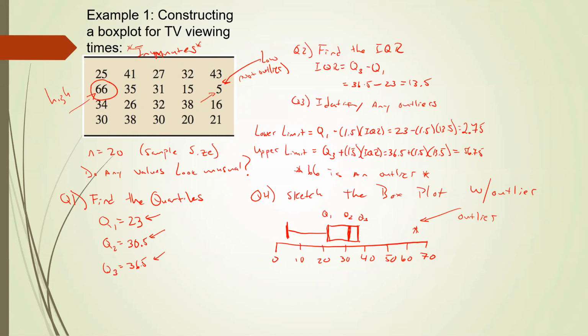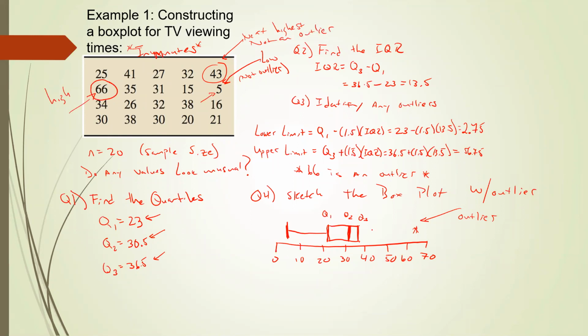Then what you do is you look back in the data set and you say, what was the next highest value that is not an outlier? Is 43 the next highest value? Yeah.